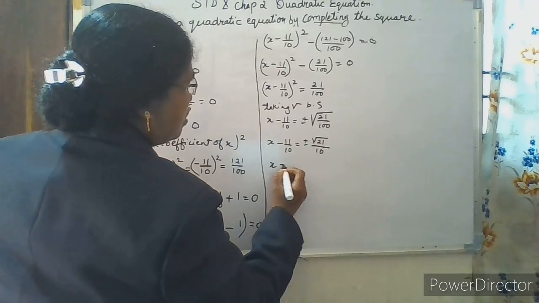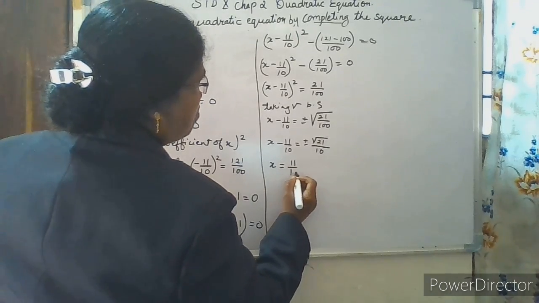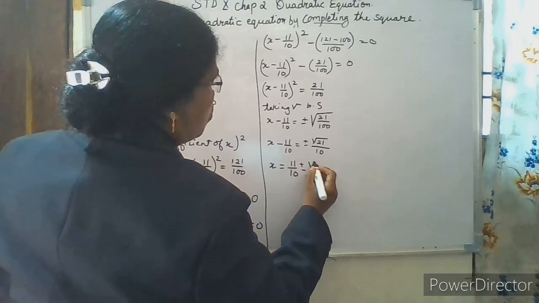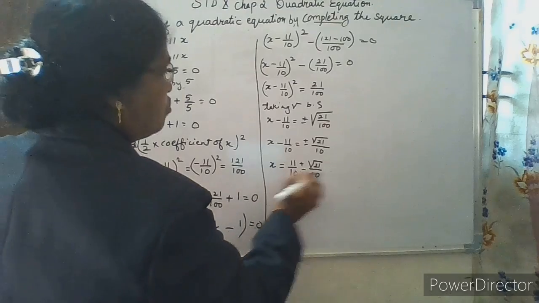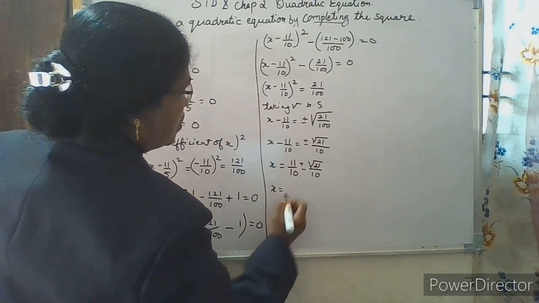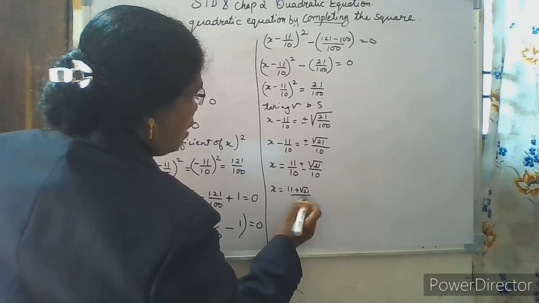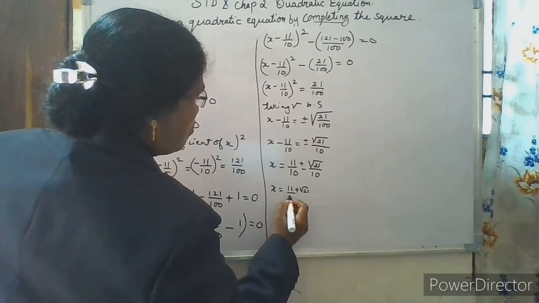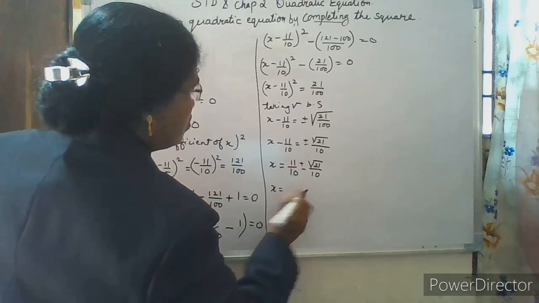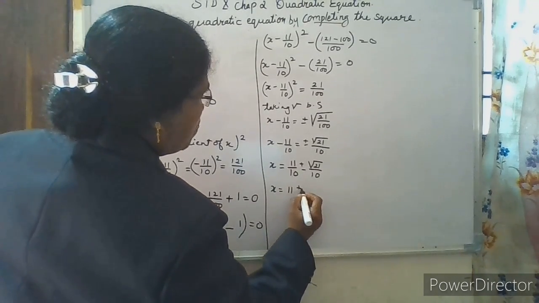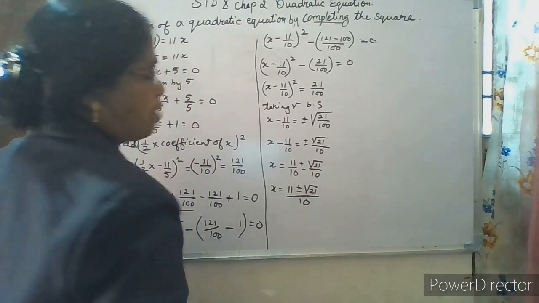Now x is equal to, I will take this number to the other side, it is plus 11/10 plus or minus root of 21/10. Denominators are the same for the two rational numbers. So x is equal to 11 plus root of 21 by 10 in this form, or we can write it in this form also: x is equal to 11 plus or minus root of 21, whole thing with common denominator 10.